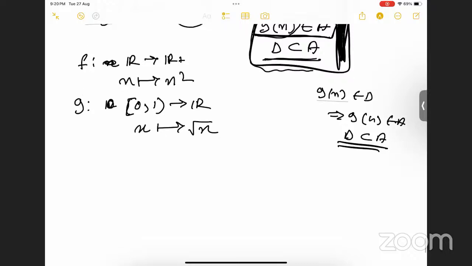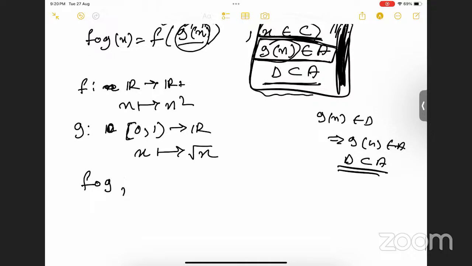Okay. So what is our F compose G? We want to find the domain for F compose G, right? Yes, ma'am. According to the first condition, x should belong to the domain of G. That means 0, 1. Okay. Now we can restrict it more, such that D is a subset of A.